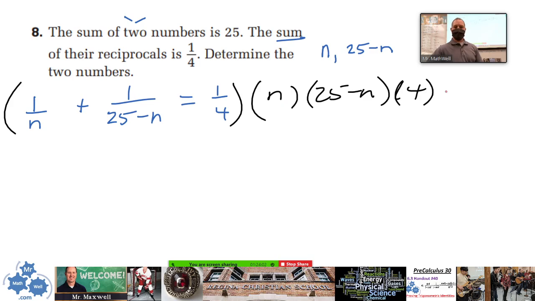So 1 over n times these three, the n's cancel out, and we're left with these two over here. So it's 1 times 25 minus n times 4. The second term, the 25 minus n and the 25 minus n cancel out, and I'm left with 1 times n times 4, or just 4n. Multiplying these three factors times the 1/4, the 4's cancel out, and I'm left with 1 times n times 25 minus n.